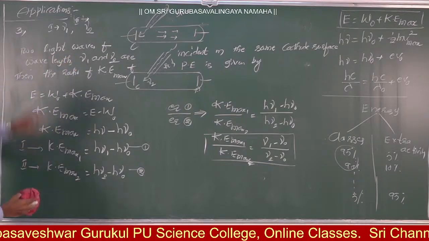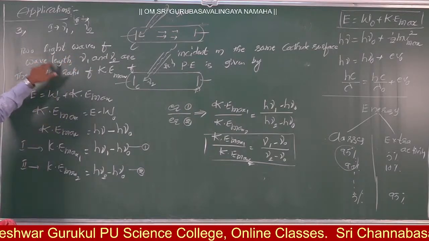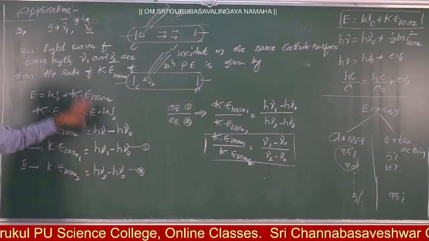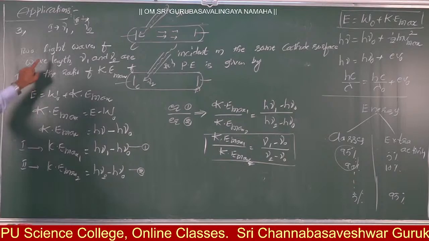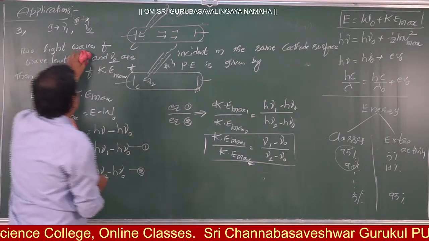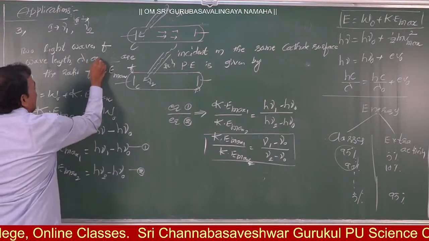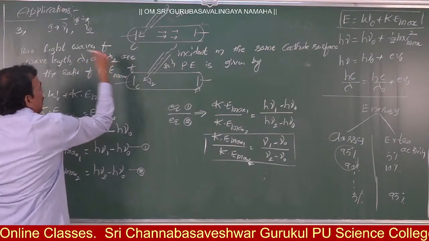I am rubbing off the second application and writing the third one continuously, but you have to write the third application again next time also. So wavelength one is lambda 1 and lambda 2.